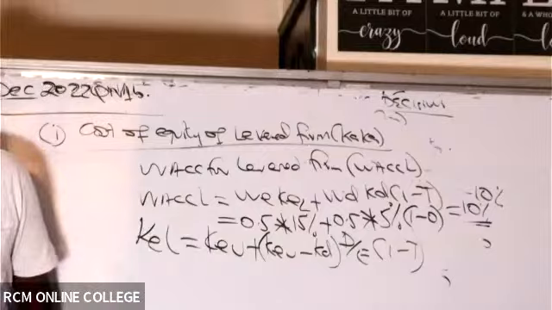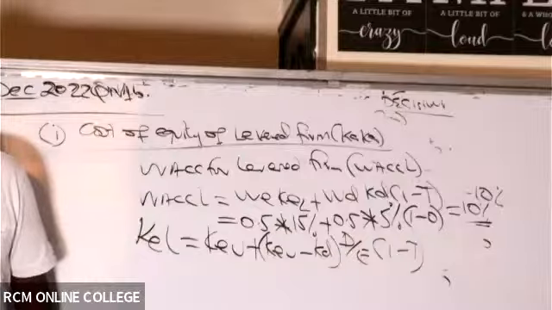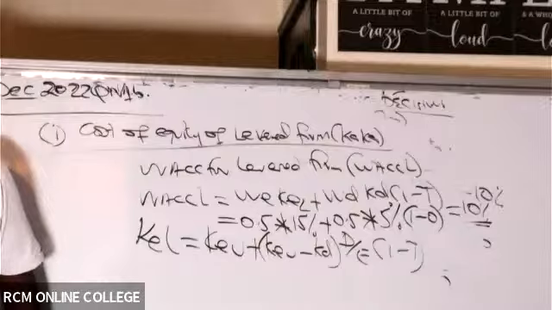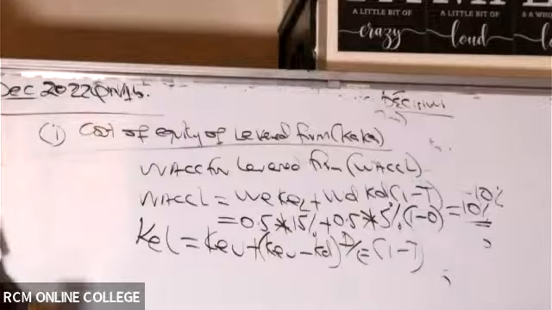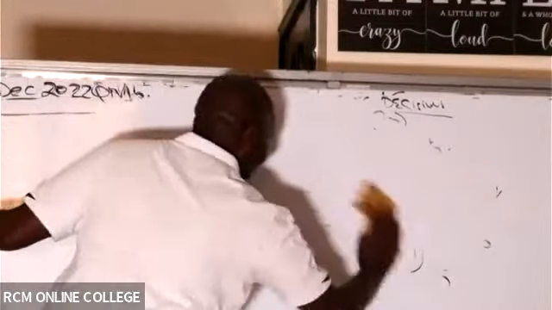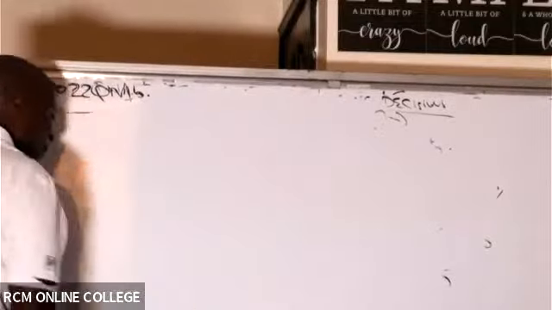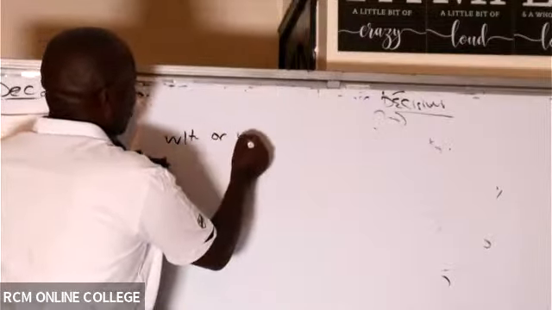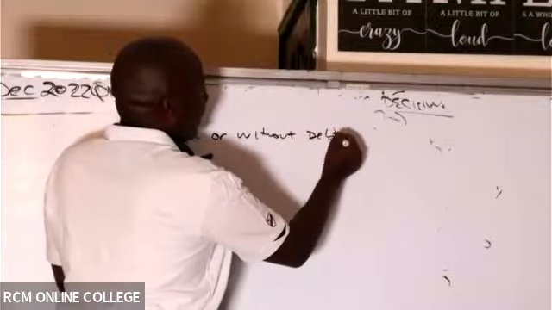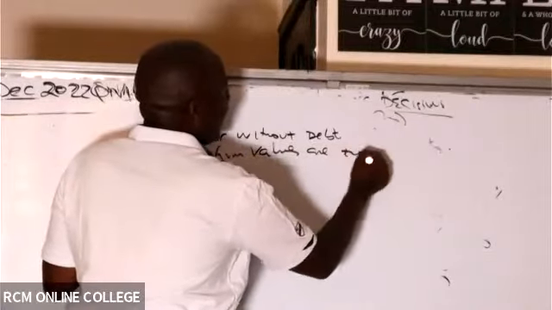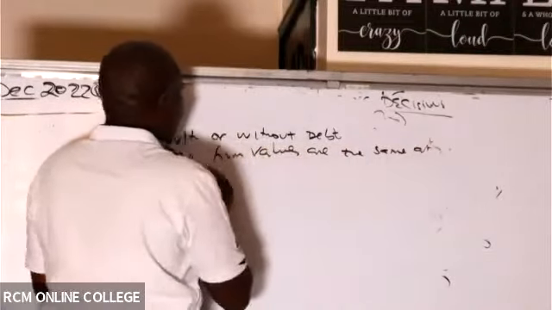I've already commented. I know Frida is looking for a very strong comment. Let me write down the comment under that table that you have made up there. With or without debt, the firm values are the same at Kenya shillings 100 million.